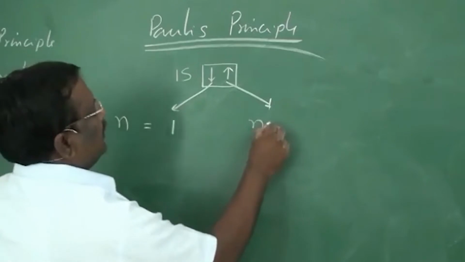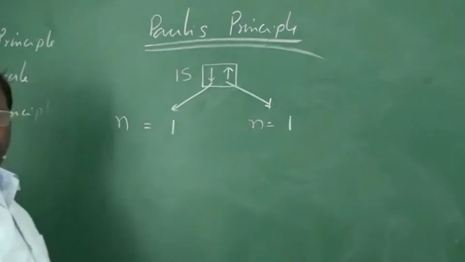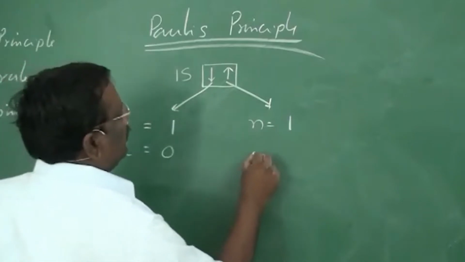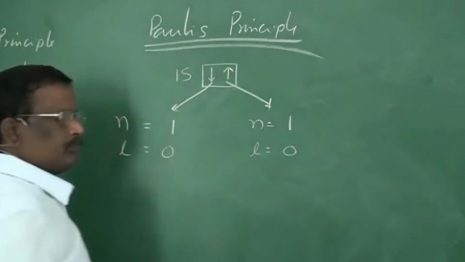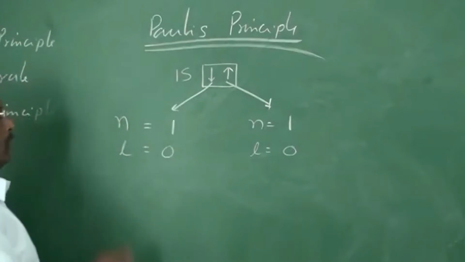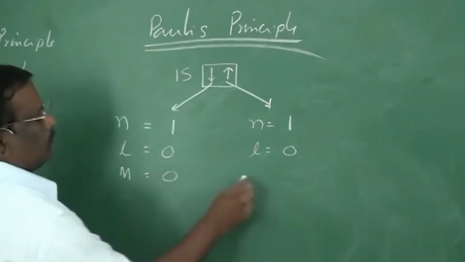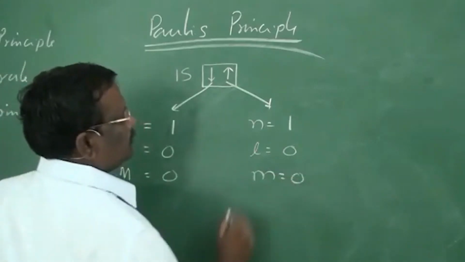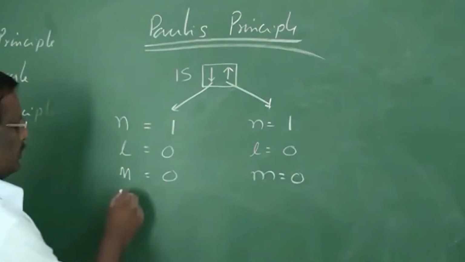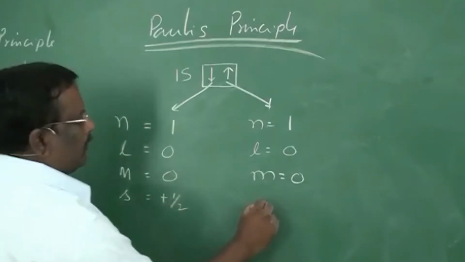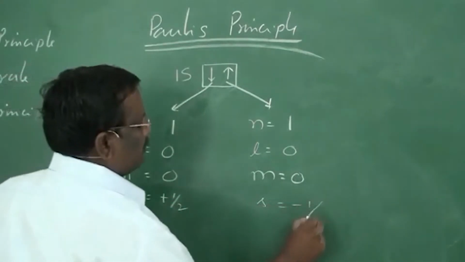For this also, n is equal to 1. l is equal to 0. For this electron, l is equal to 0. m value for this electron is 0. For this also 0. For spin value, s is equal to plus half. Automatically for this it is minus half.